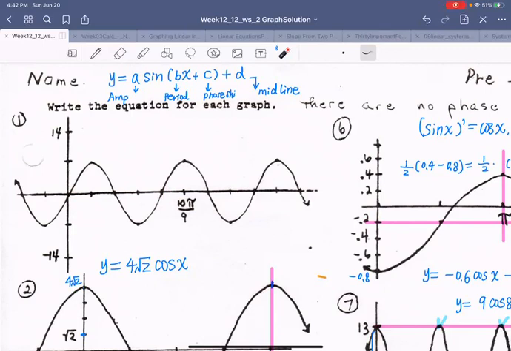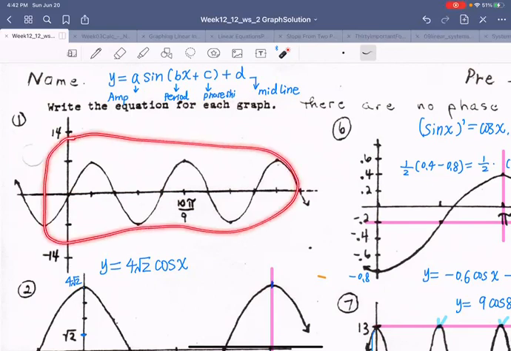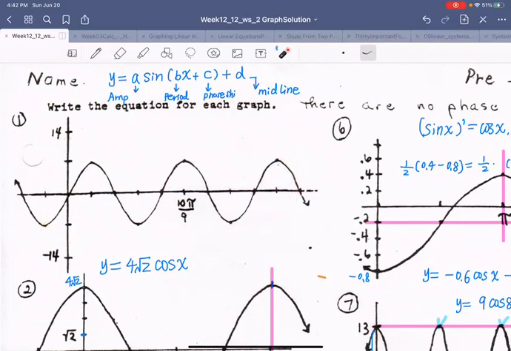Christina, can you repeat the way we did this question? Give it a try. First we found the midline, 0. Good. And then we found the amplitude, which was 7.